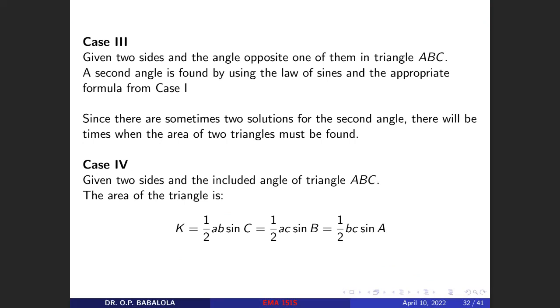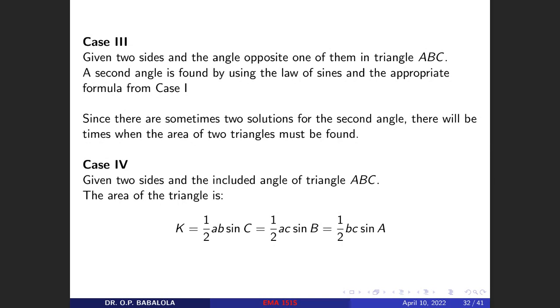Another case will be given two sides and the angle opposite one of them in triangle ABC. A second angle is usually found by using the law of sines and the appropriate formula from case 1.